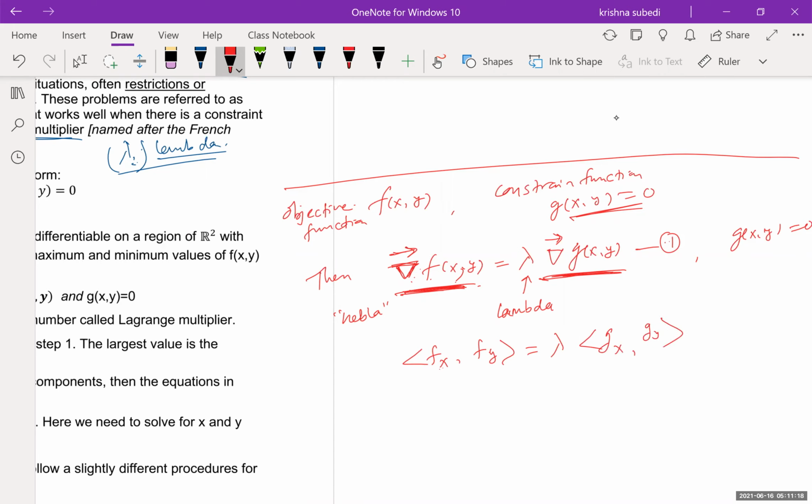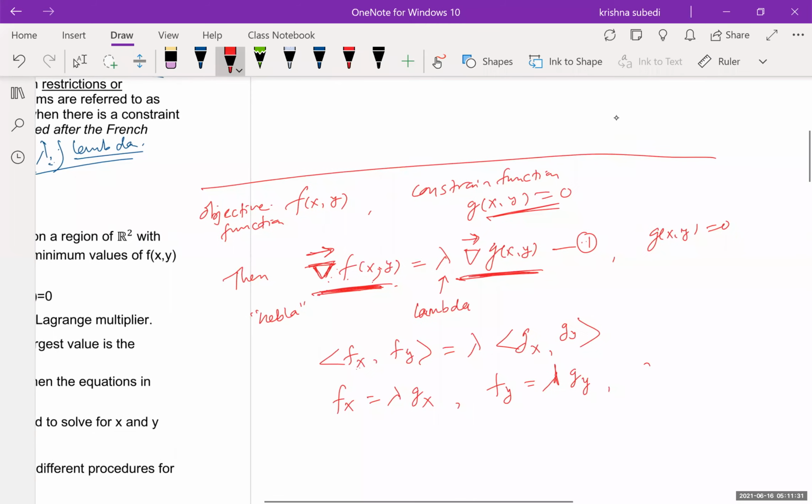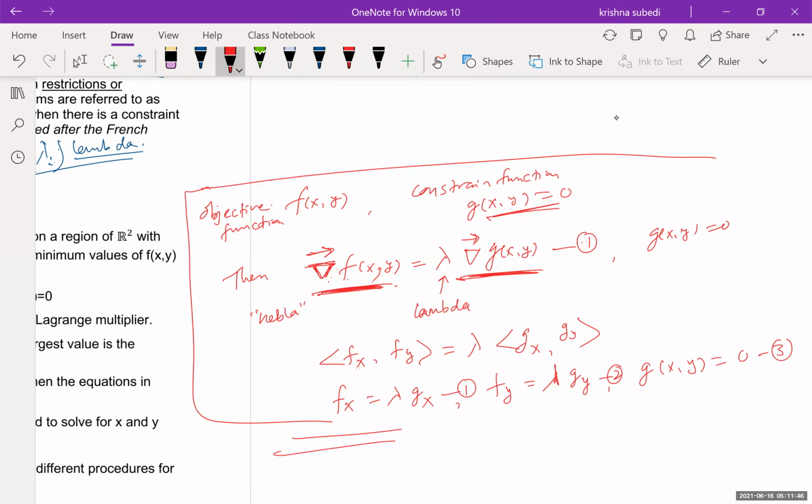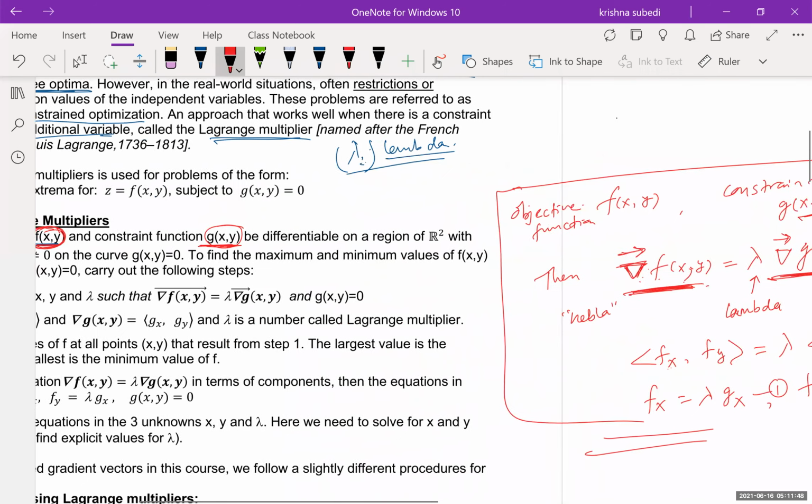And so you can put them separately, component-wise: f sub x equals lambda g sub x, and f sub y equals lambda g sub y, and then g(x, y) equal to 0. So we have equation 1, equation 2, and equation 3. We solve these three equations. That's one method. Maybe we will try this method just for fun, but I'm going to introduce a different method here.